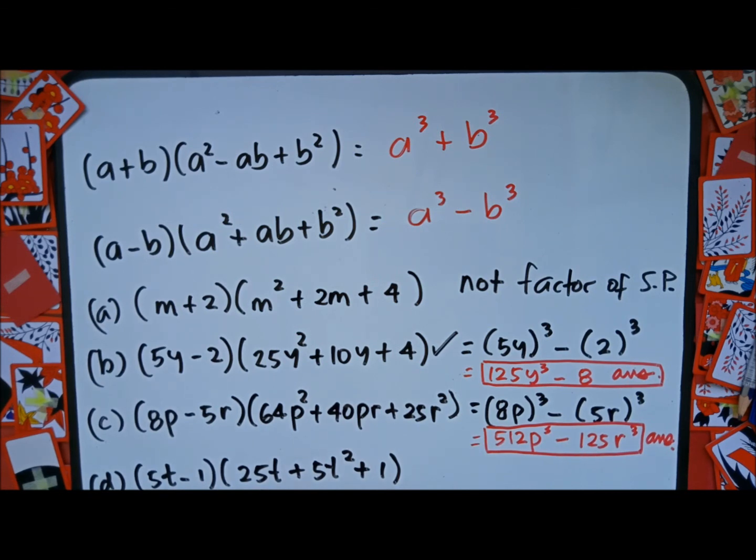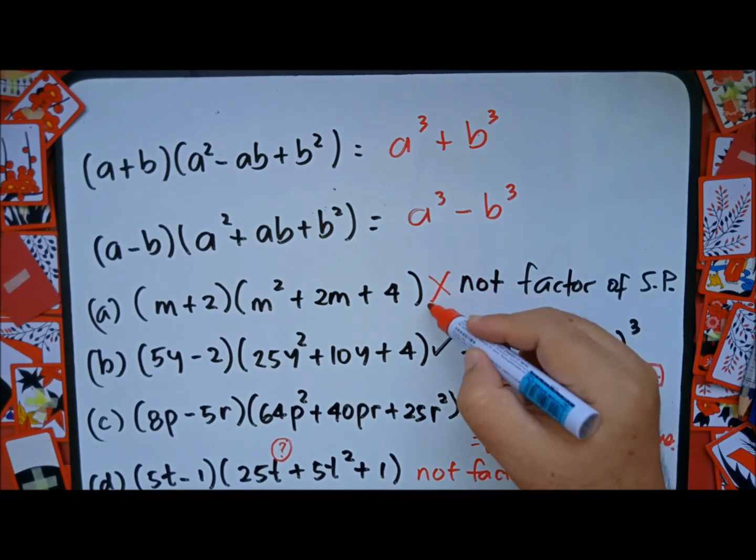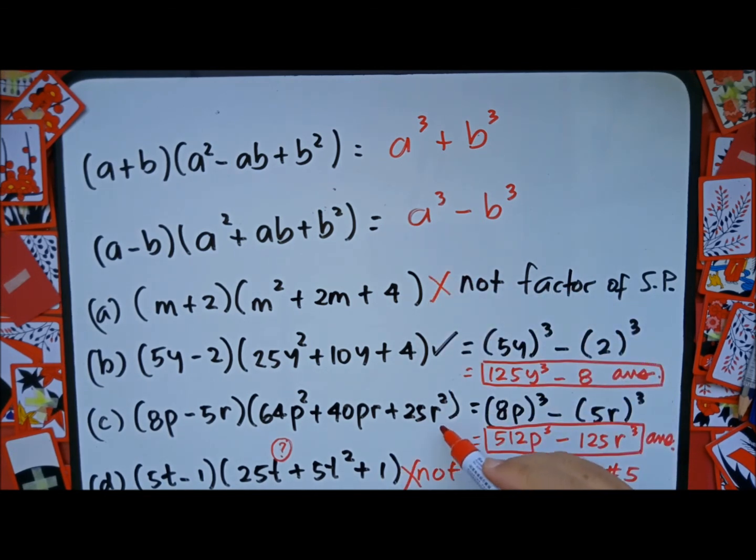T times t is... No. T times t must be t squared. So, at first glance, this is not a factor. Not factors of special product number 5. So, okay, so this is not a special product, this is not a special product, this is a special product.